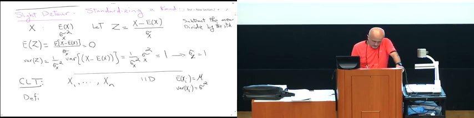Define the random variable Zn as the sample mean minus mu, divided by the square root of the variance of Mn. Remember, Mn is the sample mean.